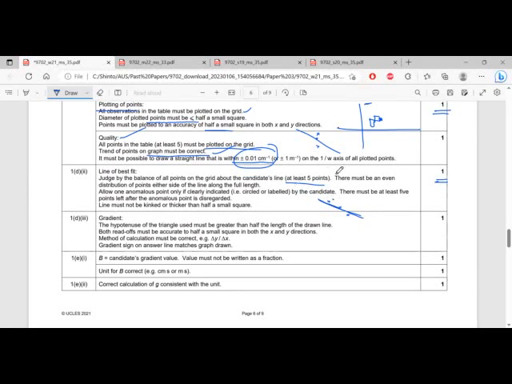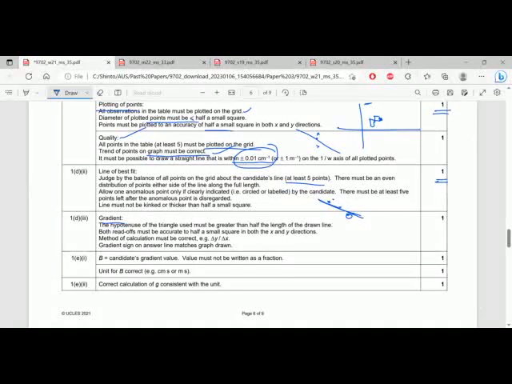Use your common sense and include the points in such a way that the maximum number of points lie on this straight line, and if a point does not fall on the straight line, then you have to circle it and name it anomalous point.